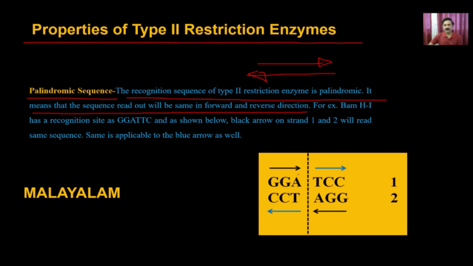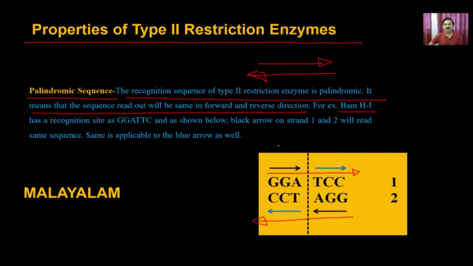For example, this is the recognition site we have given for BamH1. What you have is GGATCC, which means in the forward direction you are reading GGATCC. If you read in the reverse direction also, you are going to see GGATCC.